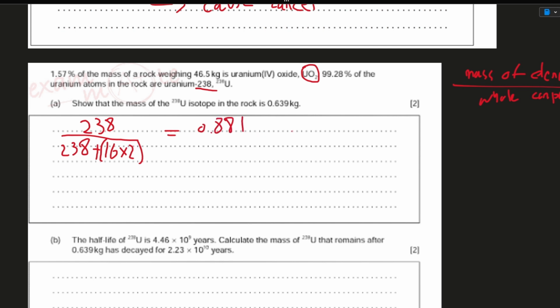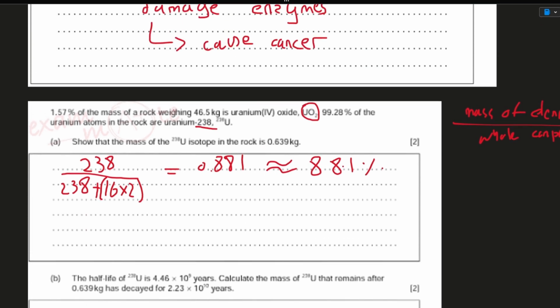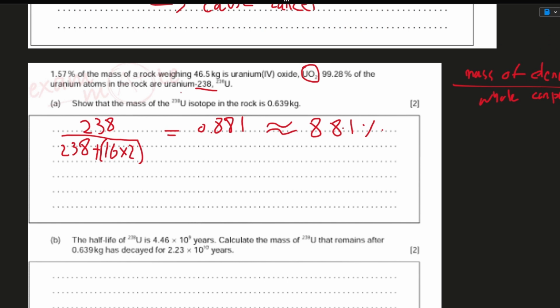0.881, which basically means that 88.1% of this compound is made up of uranium, right? So now that we got that covered, we should take that 0.881 and multiply it by the percentage of the mass of the entire rock, right?